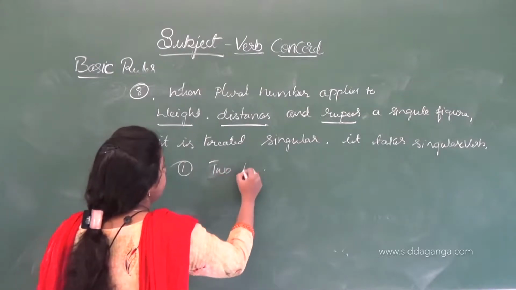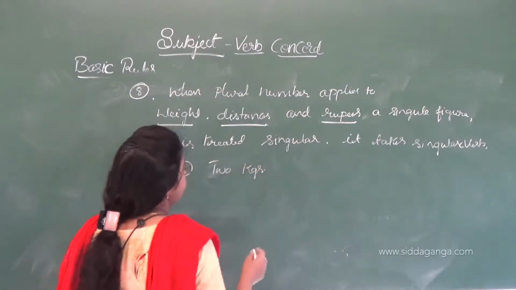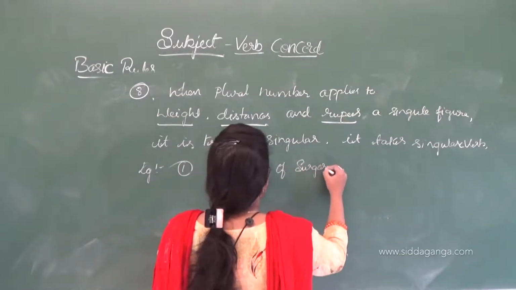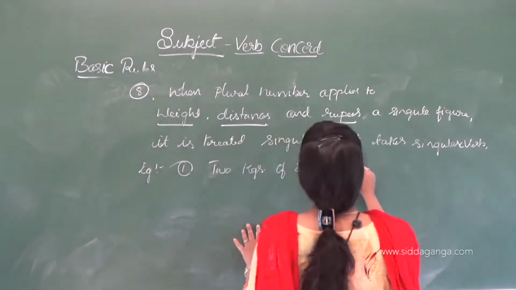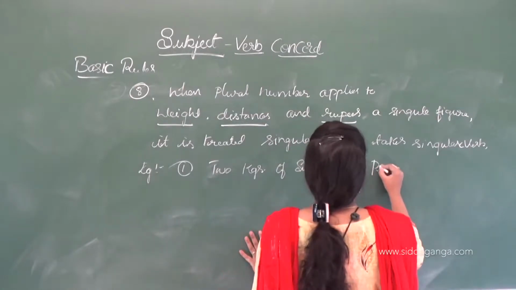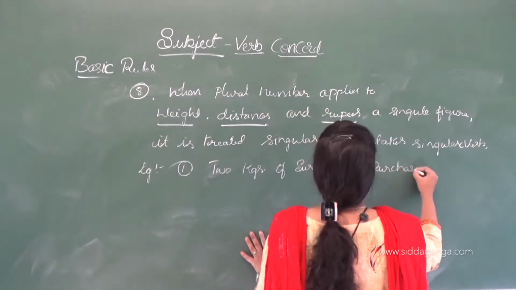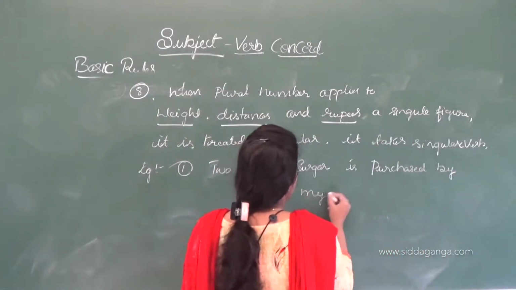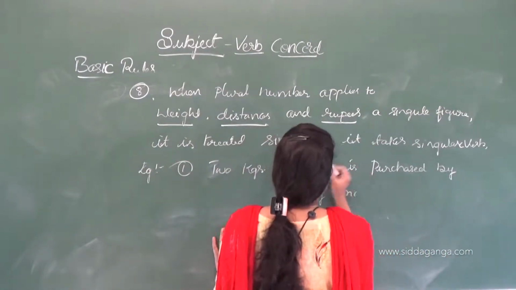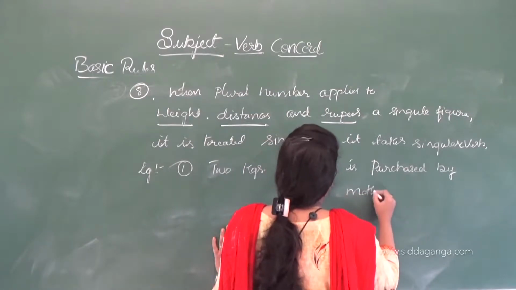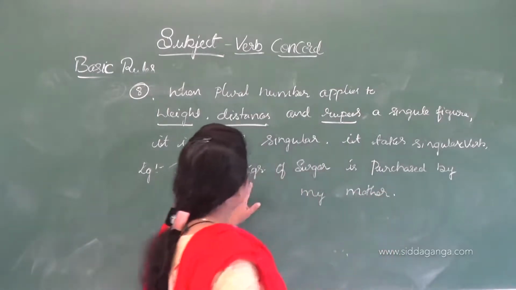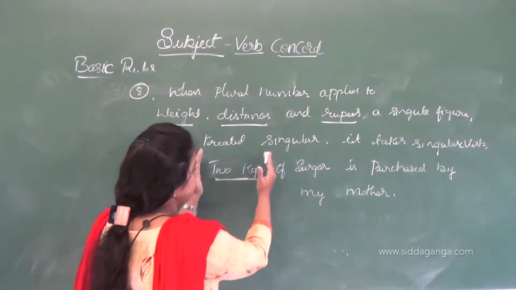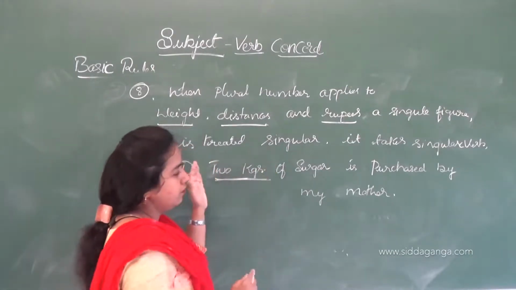Two kgs of sugar is purchased by my mother. Two kgs is plural, but it says a single figure.